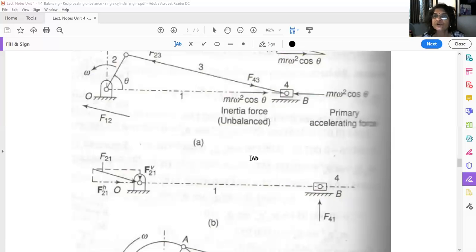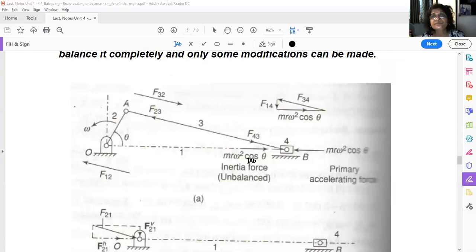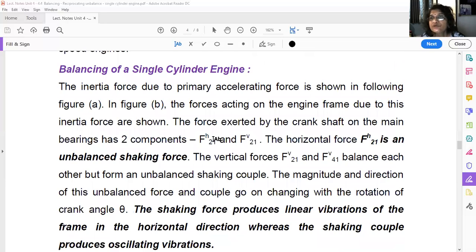Okay, so let us see here what we have written. The force exerted by the crankshaft on the main bearings has two components, FH21, FV21. The horizontal force FH21 is an unbalanced shaking force. Okay, as I told you, that is nothing but the unbalanced force or inertia force. The vertical forces FV21 and FV41 balance each other, but form an unbalanced shaking couple.